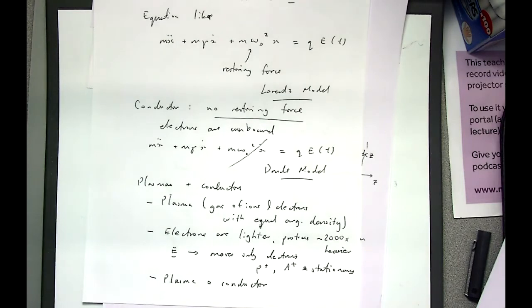So if an oscillating electric field passes over a plasma and the electrons start to move, and then I remove that oscillating electric field, the electrons are seeing a background which is quasi-neutral apart from the position where they were displaced. So I expect them to oscillate backwards and forwards.